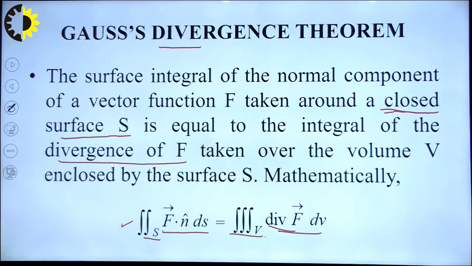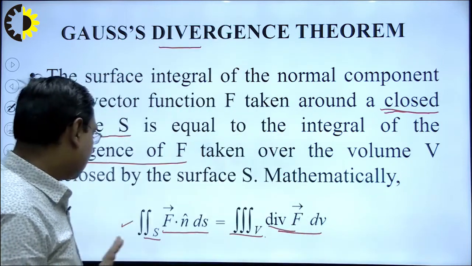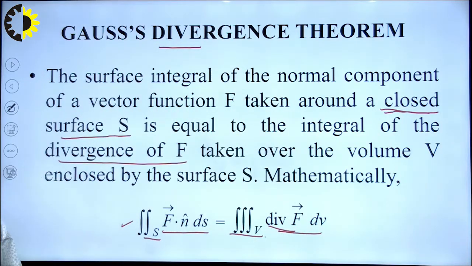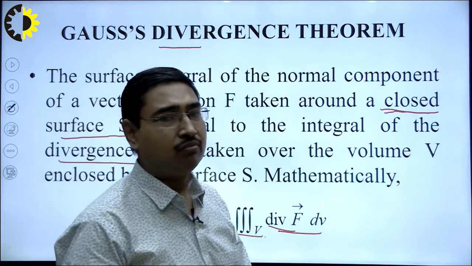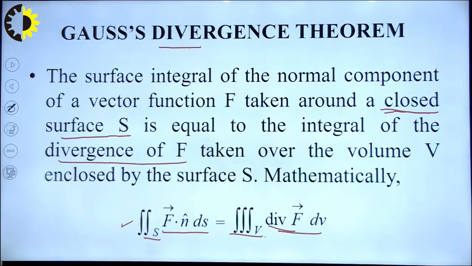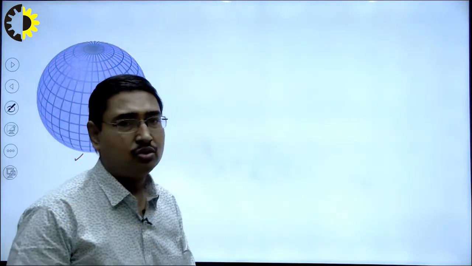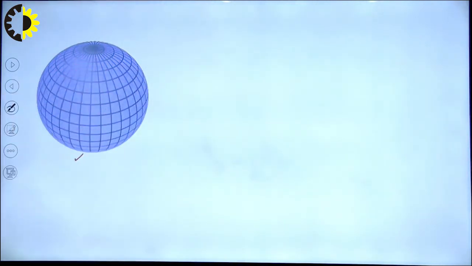The main requirement of the Gauss divergence theorem is that the surface must be closed, because if the surface is not closed, then there will be no volume bounded by it, and in that case the theorem will not be applicable. Thus, a sphere is a closed surface, so the divergence theorem will be applicable.